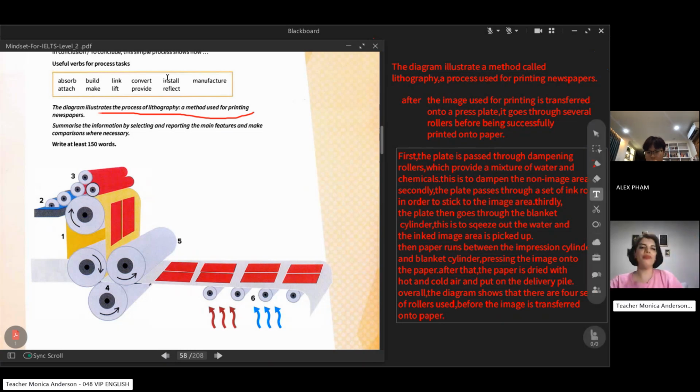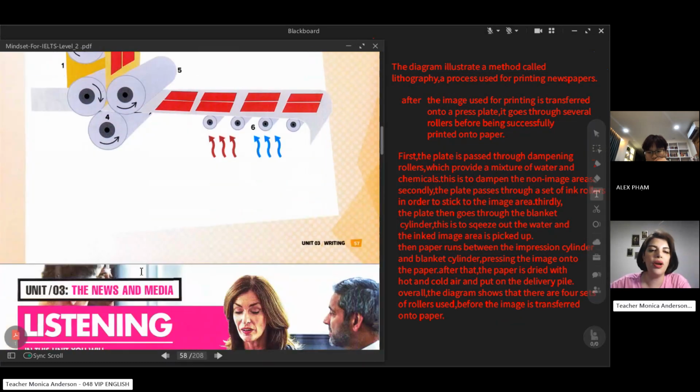Okay. Well, so you need to know, okay, this is all about this process diagram.